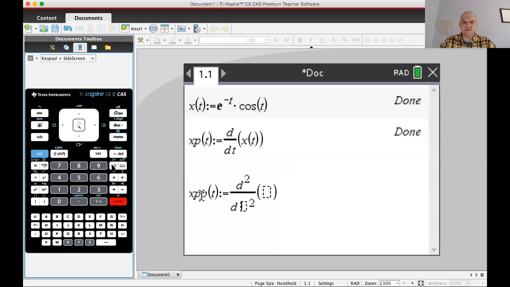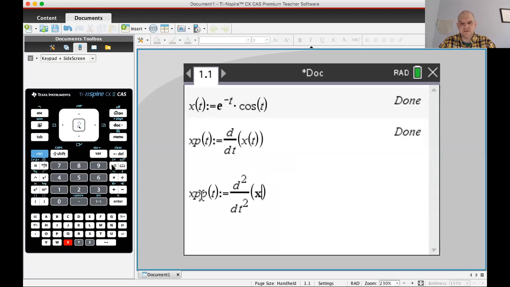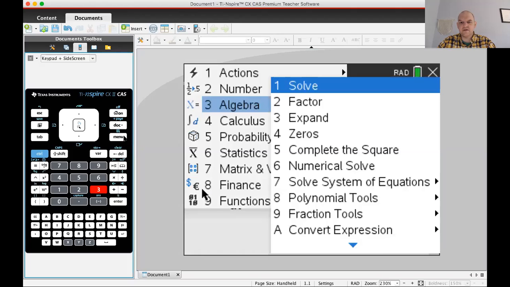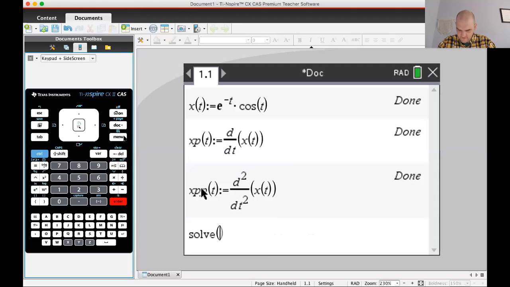So this gives us a chance to see how this goes. I'm going to use solve: menu 3, solve. The differential equation: a times xpp of t plus x prime of t plus x of t equals 0, and I want to solve for a.